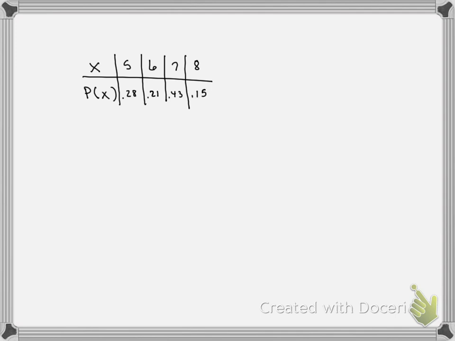We add those up to see if they equal 1. The first condition that all of them are between 0 and 1 has already been verified. So none of them are greater than 1. So now all we need to do is add them all together. And when we add all of those together, that equals 1.07. So that should tell you that that is not a probability distribution, because those probabilities don't add up to equal 1, and that's breaking the rule. Sorry, my fault.